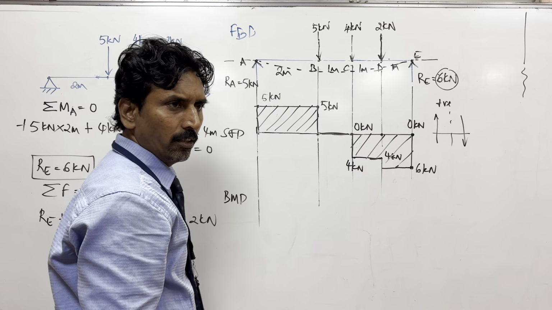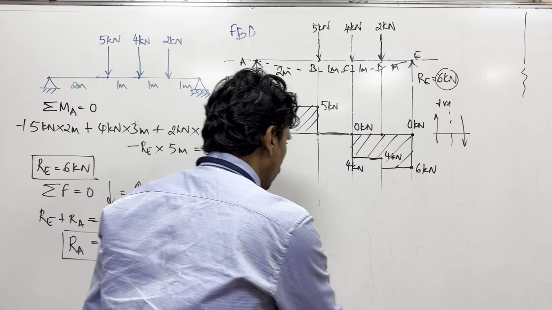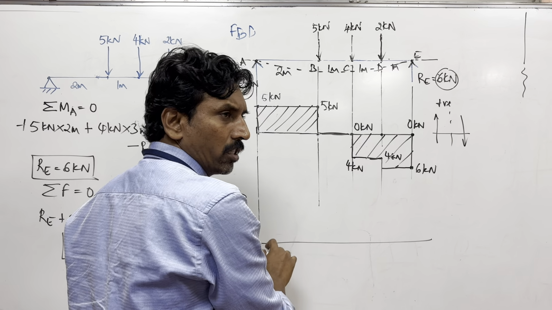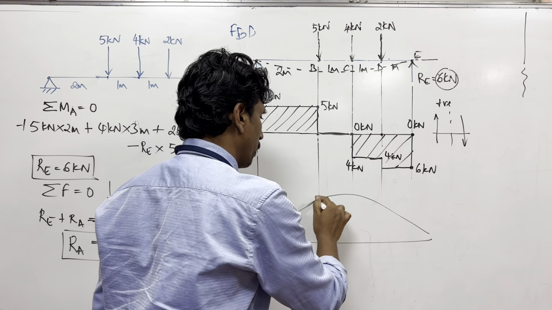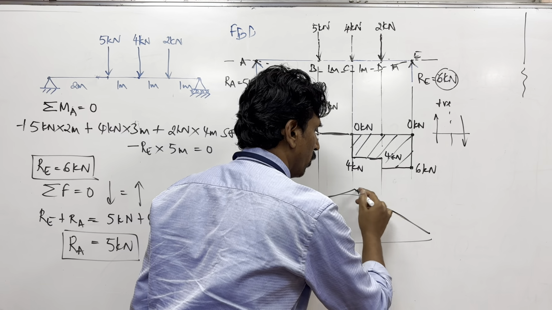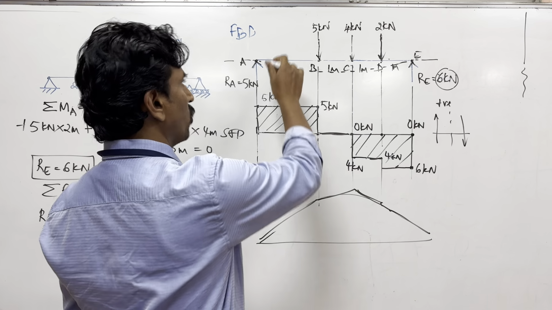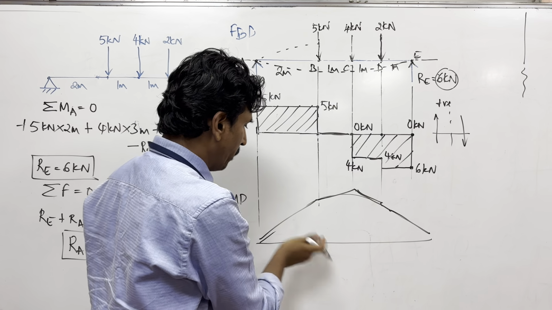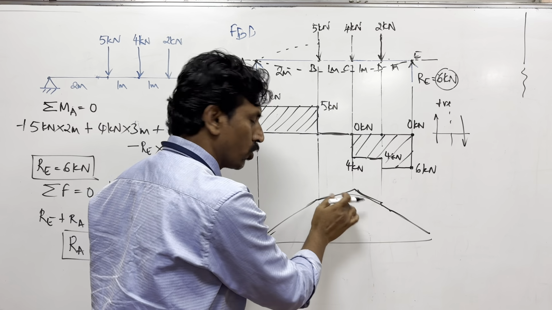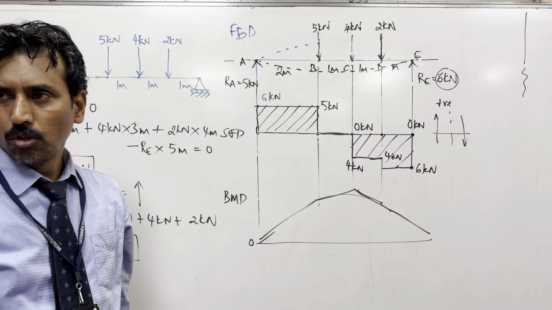When there is a sagging, then this bending moment diagram will come positive here, like this. When it is hogging, suppose if it hogs like this, it will come below the line. So that means you need the 0 line slightly below so that you can draw the diagram here.